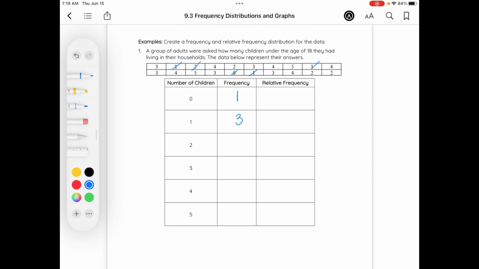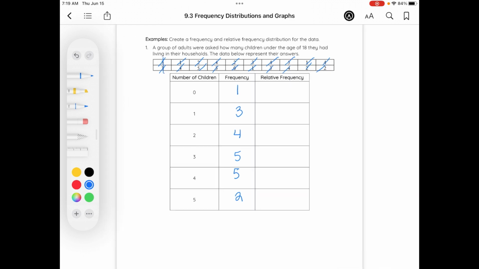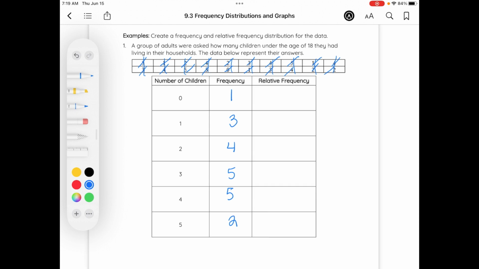How many had 2? 1, 2, 3, 4. 3? 1, 2, 3, 4, 5. How many had 4? 1, 2, 3, 4, 5. And then there was 1, 2. It also looks like we have 20 total families together. So 2, 4, 6, 8, 10, 12, 14, 16, 18, 20.